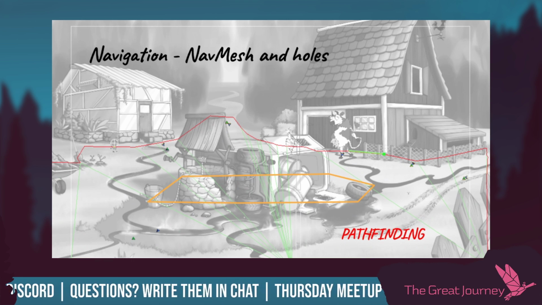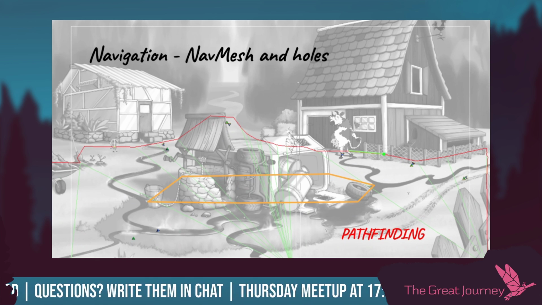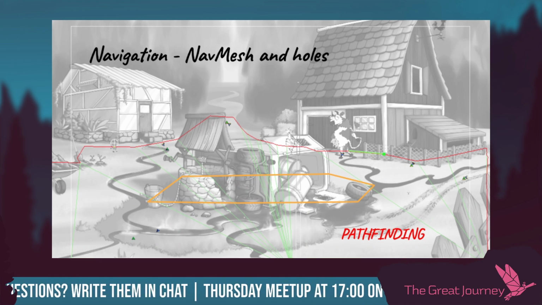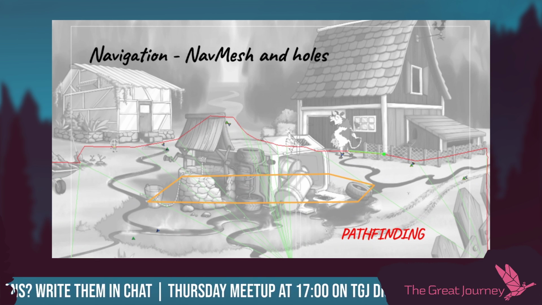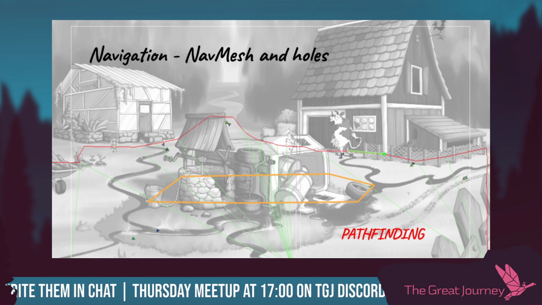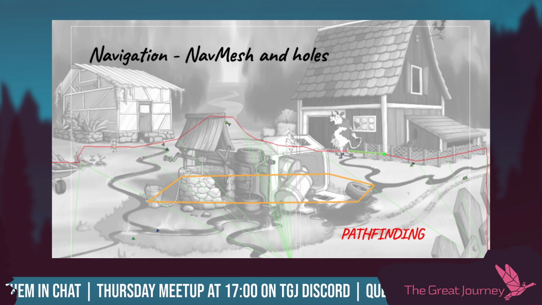So we can create holes in the nav mesh, to tell the player you can't walk here. To walk around in this navigation mesh here, the Adventure Creator engine uses pathfinding, where it calculates the optimal route between two coordinates within the nav mesh.